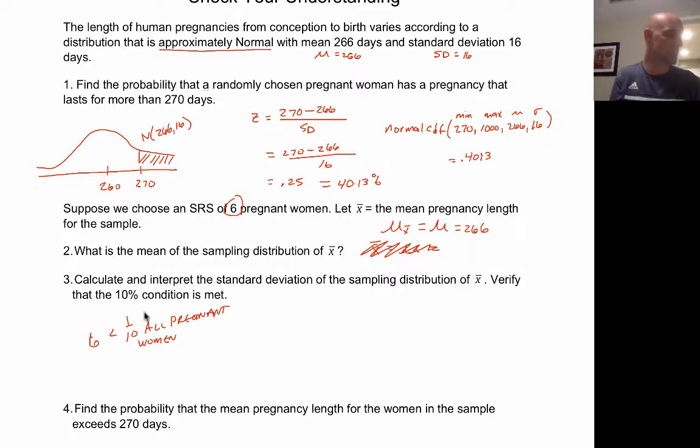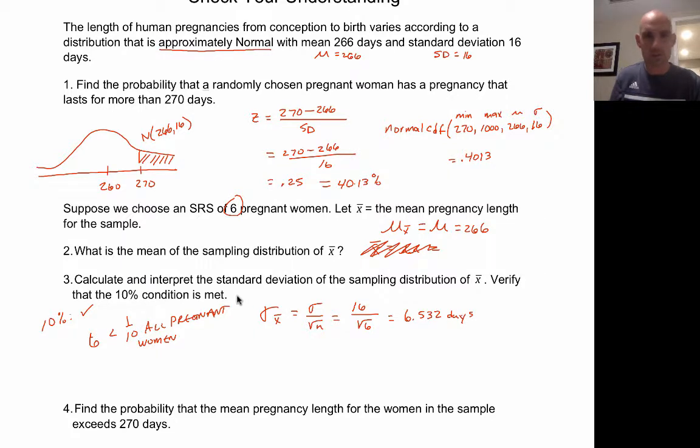We definitely meet the 10% condition. Check. So we can use our formula up top. Our standard deviation of the sample mean is equal to the standard deviation over the square root of n, so it would be 16 divided by the square root of 6, which is 6.532 days.